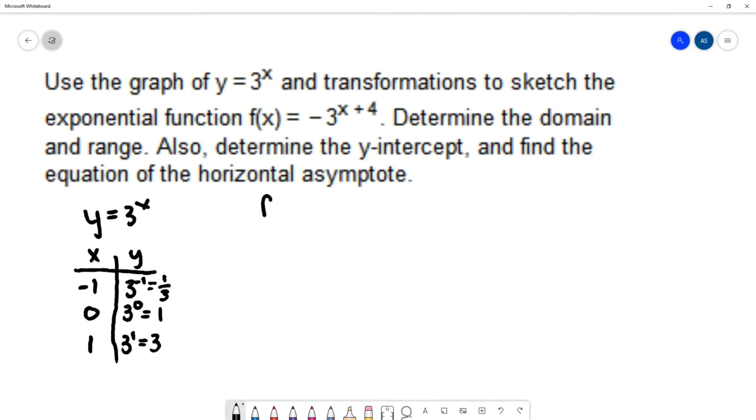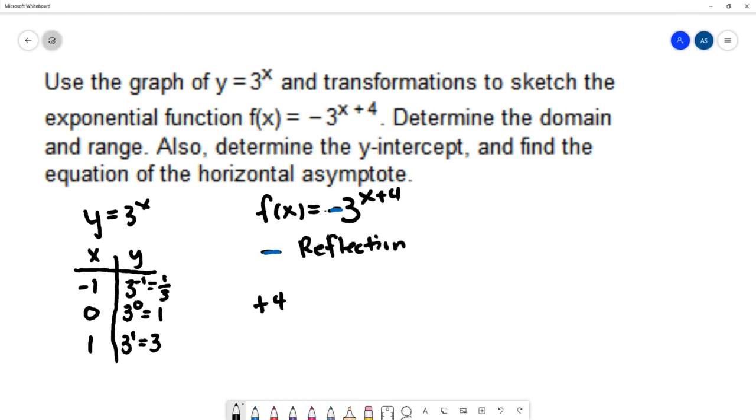In f of x equals -3 to the x plus 4, we've got two transformations. We've got that negative and we've got that plus 4. Having that negative multiplied onto our function is a transformation of a reflection.